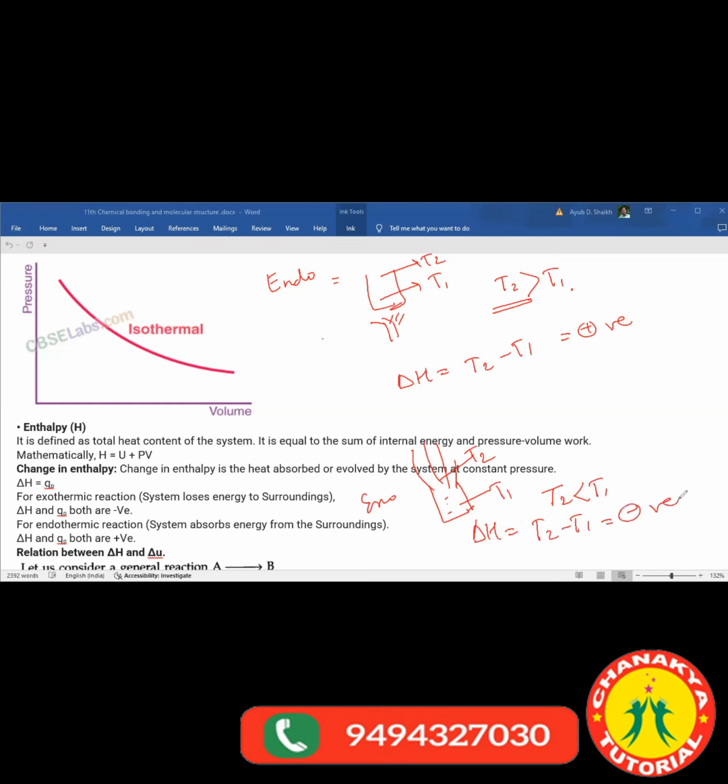Hence it would be negative. Clear? The process would be the same, just the greater than and less than would matter over here. In exothermic, your final temperature would be less, and in endothermic, your final temperature would be more. Because of that, you get positive and negative values. Understood?